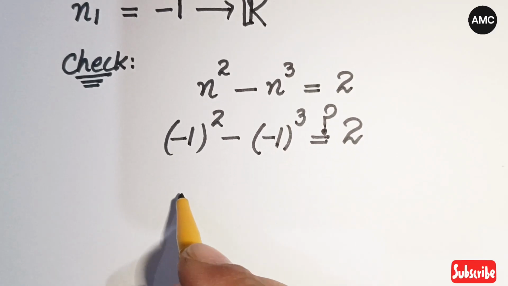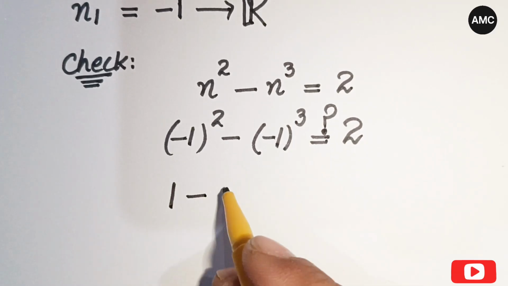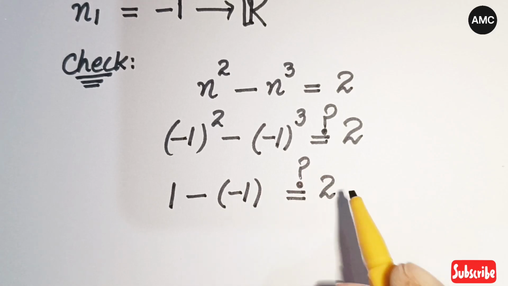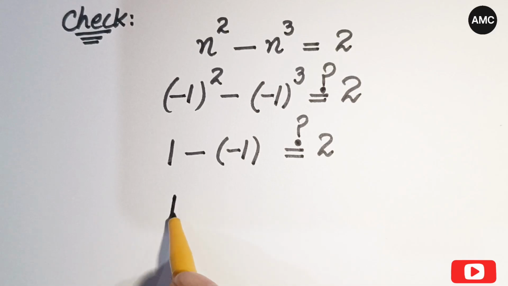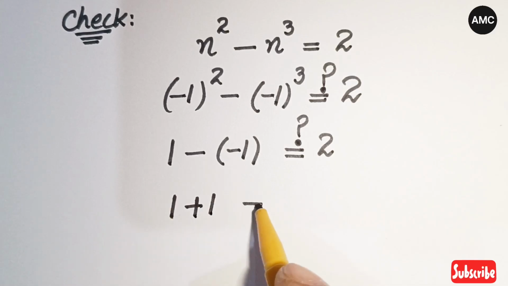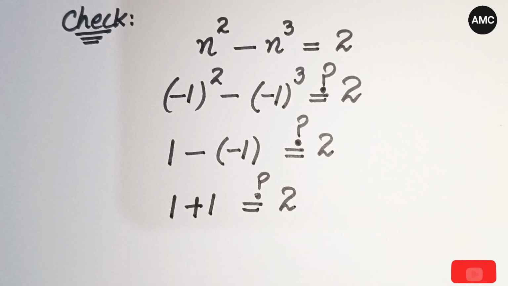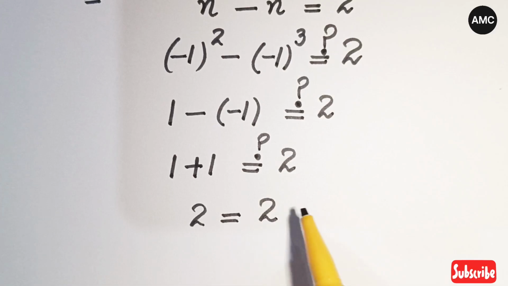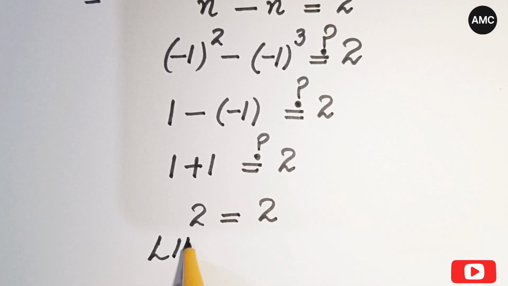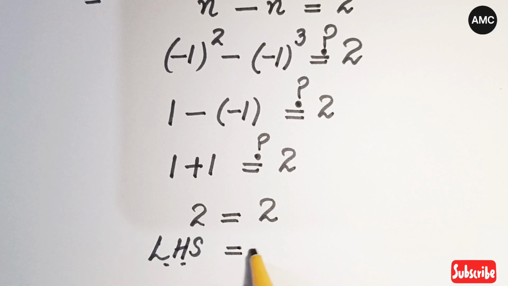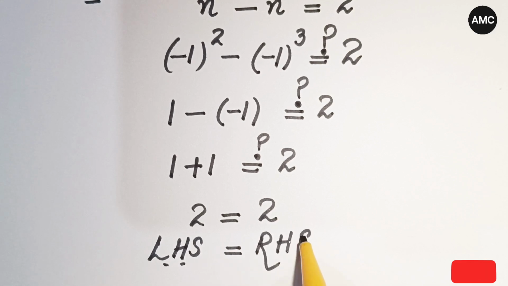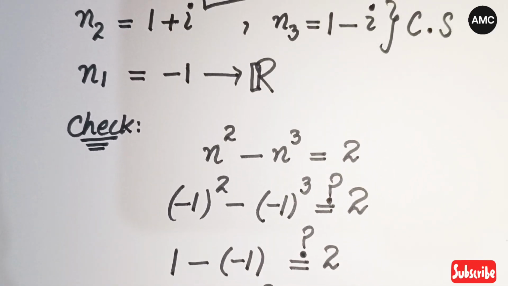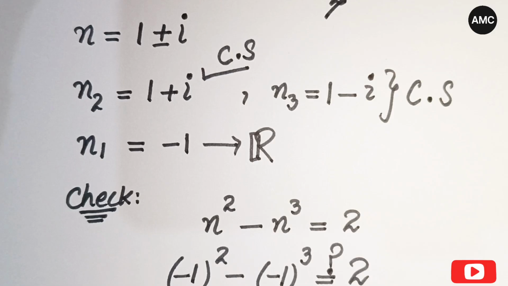Now minus 1 squared is 1 and minus of minus 1 cubed is equal to minus of minus 1, is it equal to 2? Now 1 minus times minus is plus 1, is it equal to 2? So 1 plus 1 is 2, and 2 is equal to 2. Hence our left hand side is equal to the right hand side. So we have proved that our value of n is true for this problem.